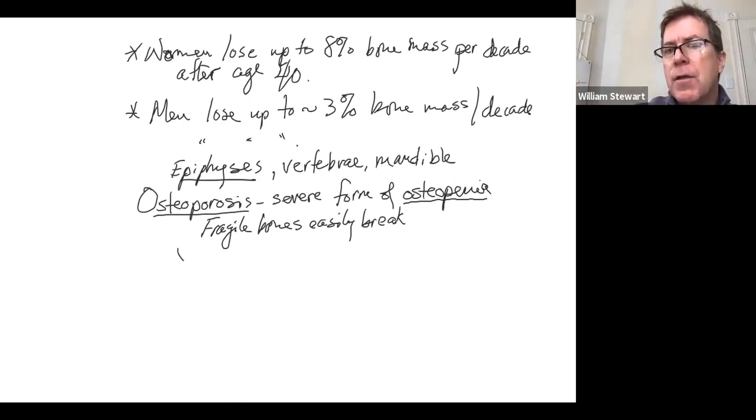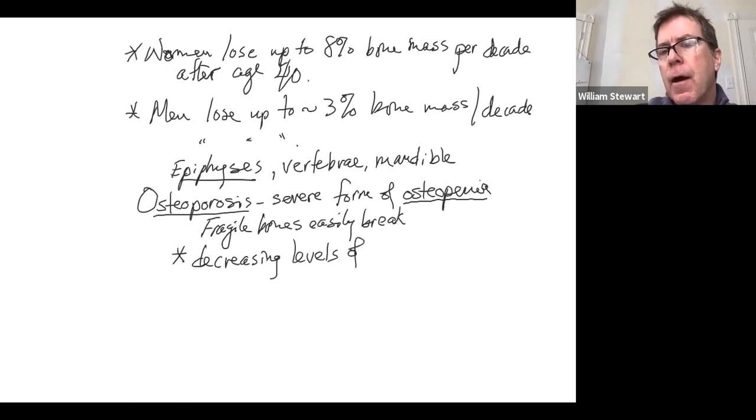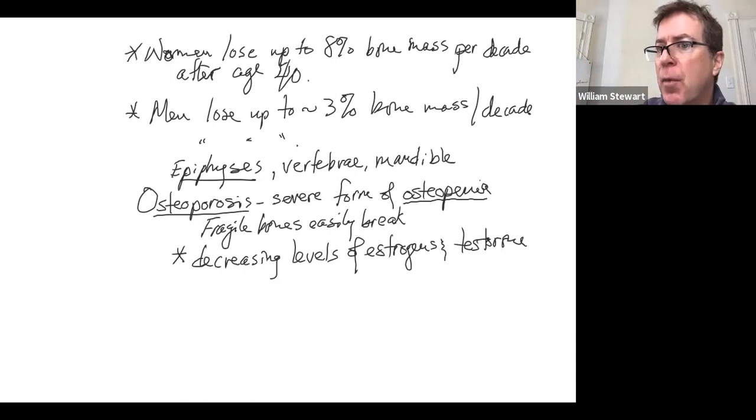The main cause of all of this is decreasing levels of estrogens and testosterone. Those are called steroid sex hormones. The sex word is used just because they're classified as male and female hormones. Both males and females have these hormones, just in different quantities.